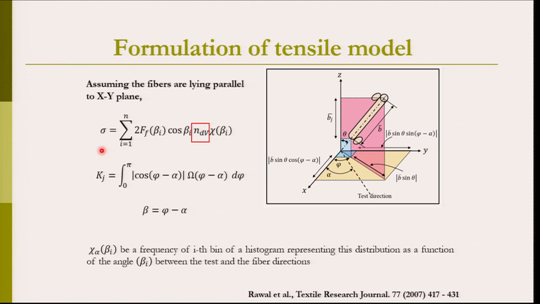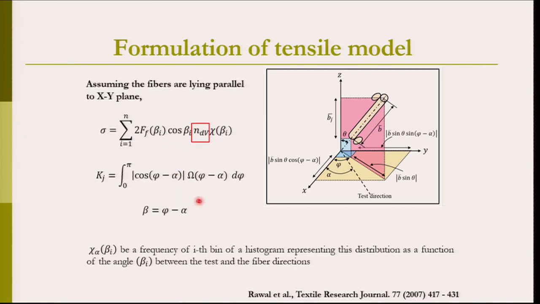So, in this case the total stress, which is shown here by sigma, and then Ff is the force which is experienced by the fiber, and since we assume that there is a defined test direction which is shown here by alpha. So, in this in-plane tensile loading, there is a projection of fiber force on the defined test direction. So, Ff cos beta represents the projection of the force experienced by the fiber on the defined test direction.